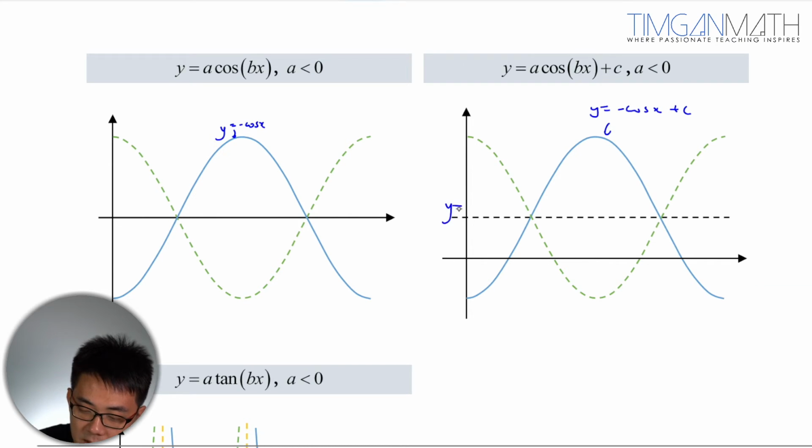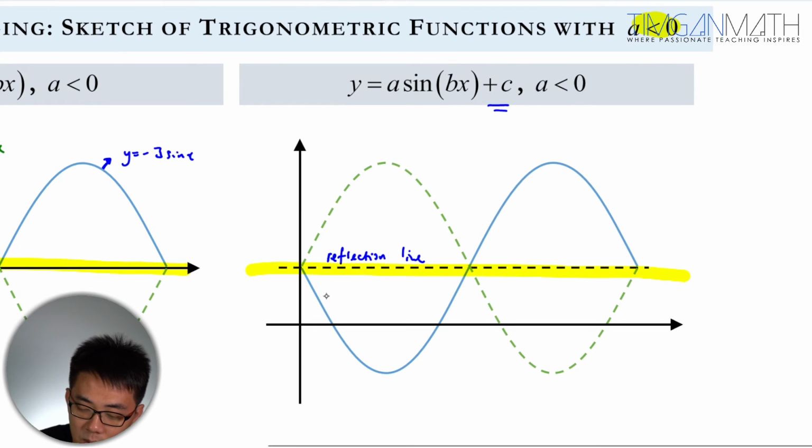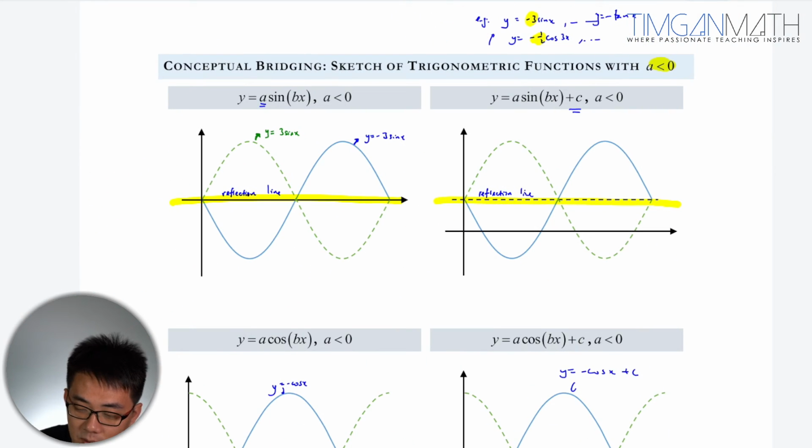So this is y equals c here. You can see that originally the cosine curve is like that, so I flip it about the x-axis here. If it's plus c here, we flip it about the reflection line here. So we just add the c up.